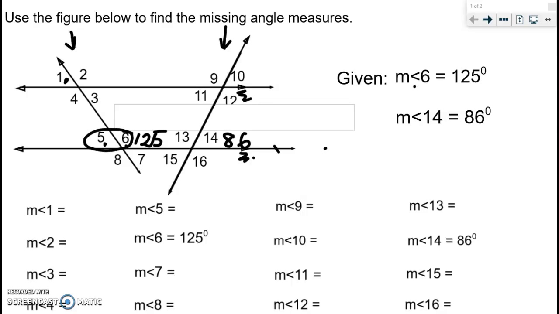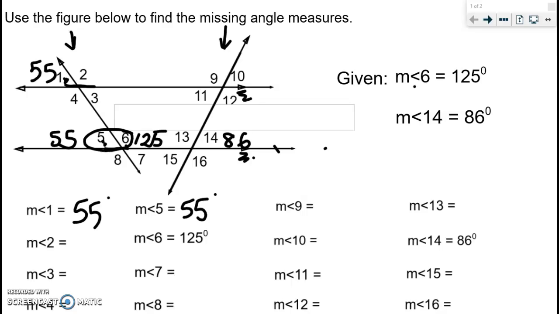So if 6 is 125, 5 must be 180 minus 125, which is 55 degrees. Since these are parallel lines, these corresponding angles must be congruent, which means 1 must also be 55 degrees. Angle 5, like we just got through saying, is 55 degrees.